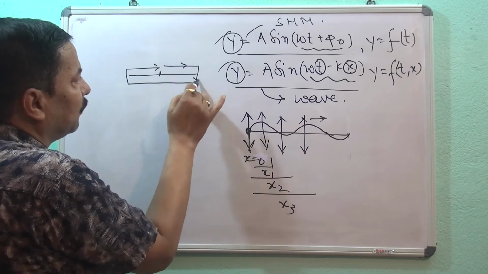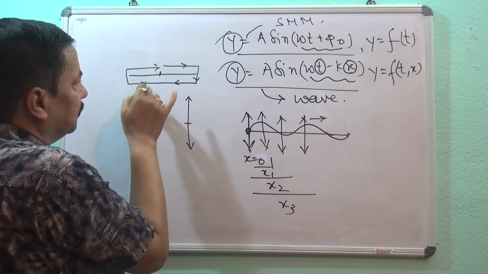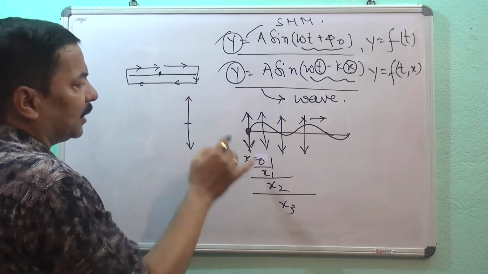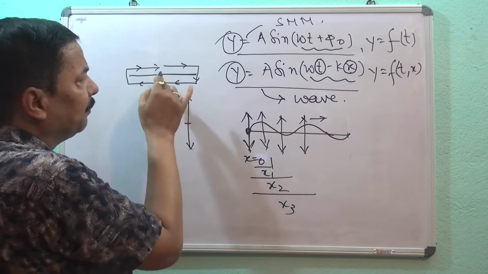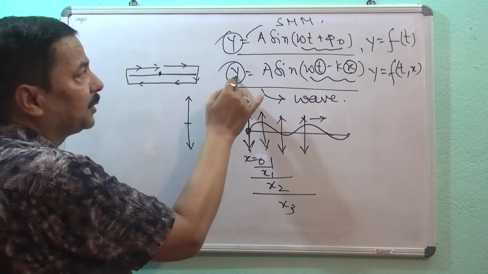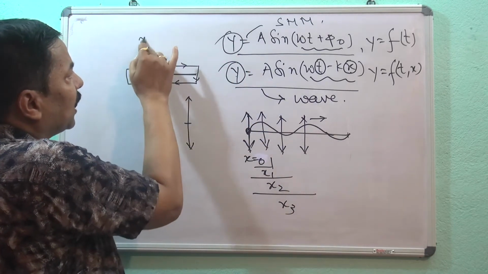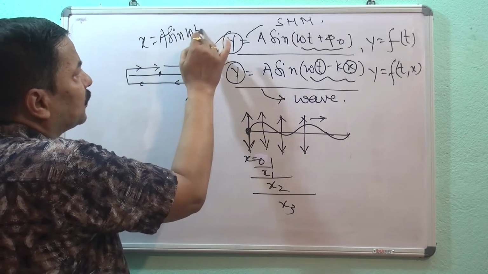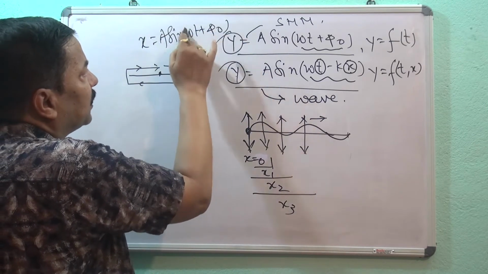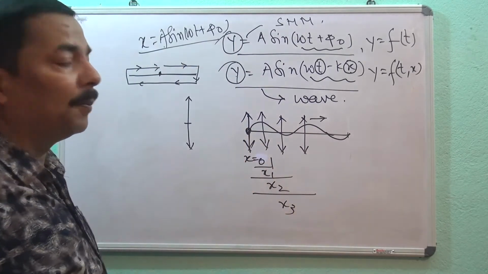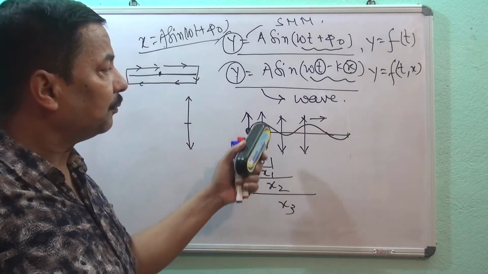So this way we have discussed SHM. This is x, and the same matter is repeated, only x is represented by y. So displacement y represents displacement, and x is equal to a sine omega t plus phi naught. This represents the displacement of the particle along the x-axis, and this represents the displacement of the particle along the y-axis.